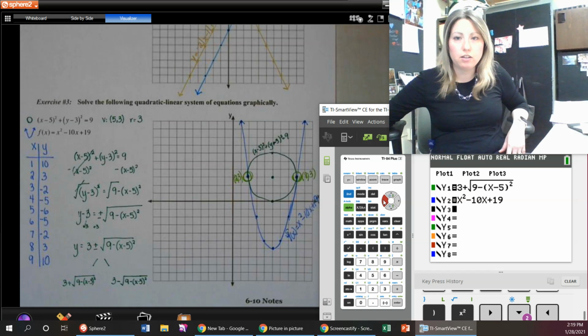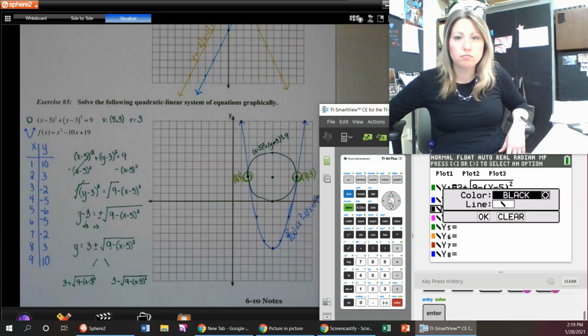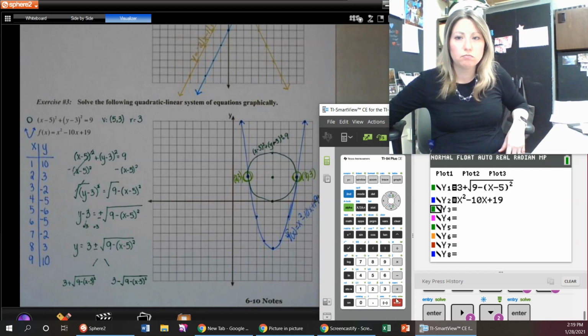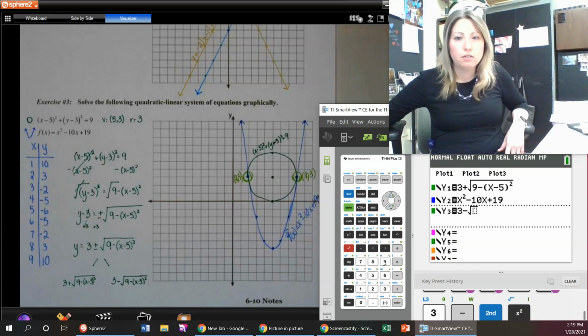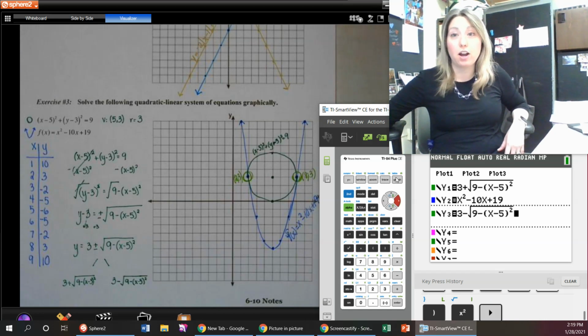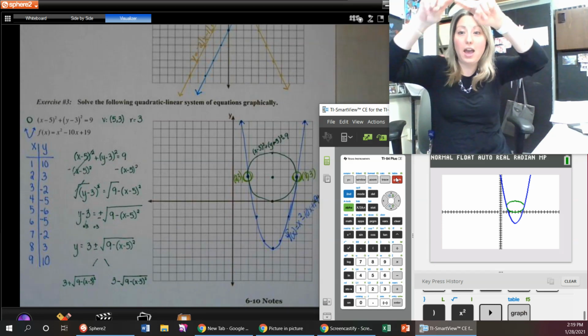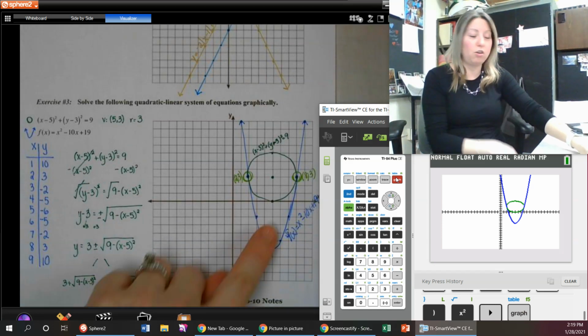Gotta change it to green. And now it's gonna be 3 minus the square root of 9 minus (x - 5) squared. Done. Now if I press graph, you're going to see the two halves forming that circle that, of course, is inside this parabola where it is.